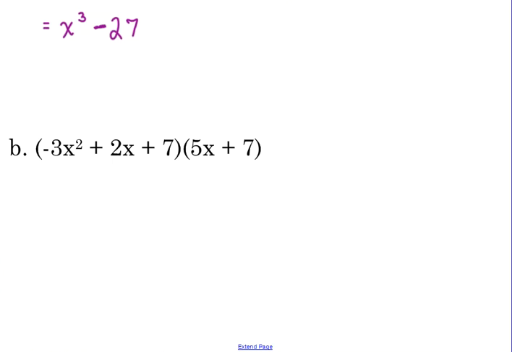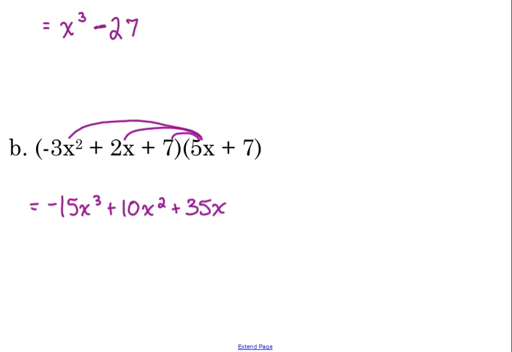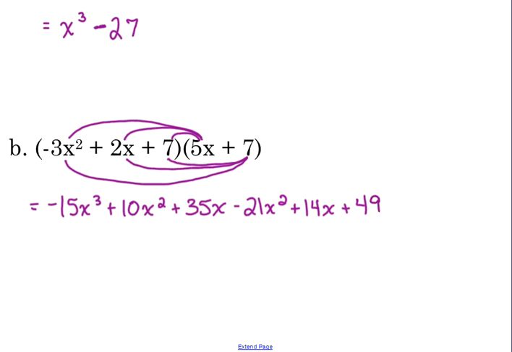I'm going to do it this way. I'm just going to distribute from the back. 5x times negative 3x squared, negative 15x cubed. 5x times 2x, 10x squared. 5x times 7, 35x. 7 times negative 3x squared, negative 21x squared. 7 times 2x, 14x. 7 times 7, 49.